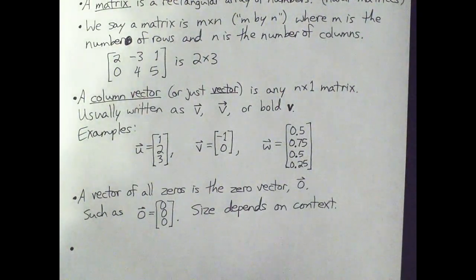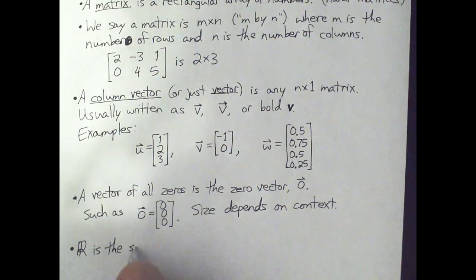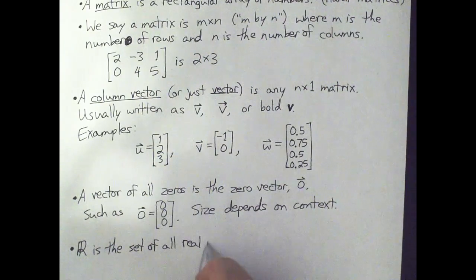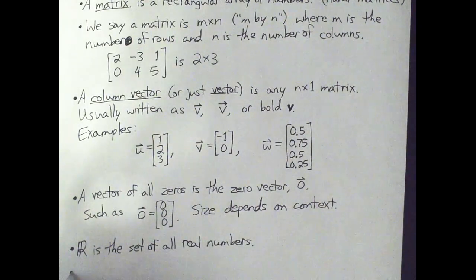What else? Some other definitions or notation. Some of this you've probably seen before, but this is the set of all real numbers. The fancy looking R is the set of all real numbers. What we're also going to work with in this class is the fancy looking R raised to the lowercase n.